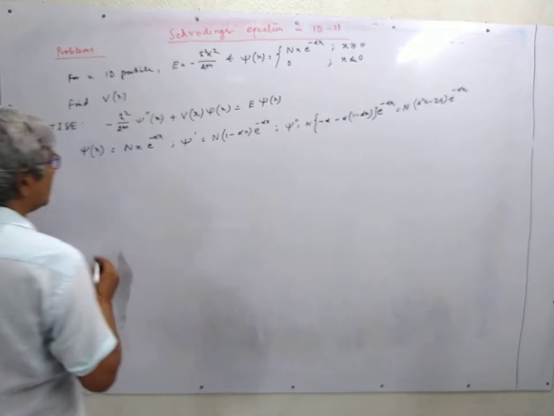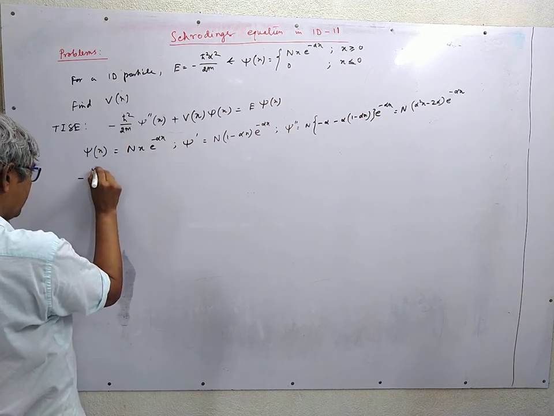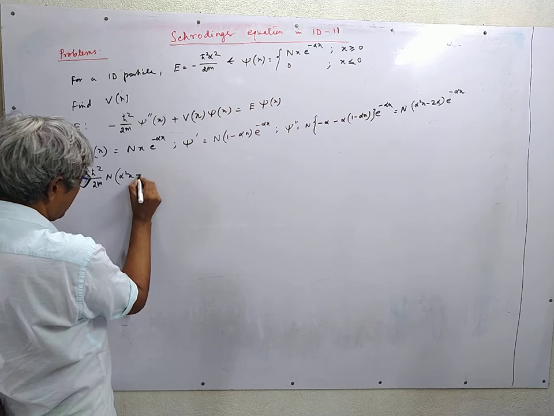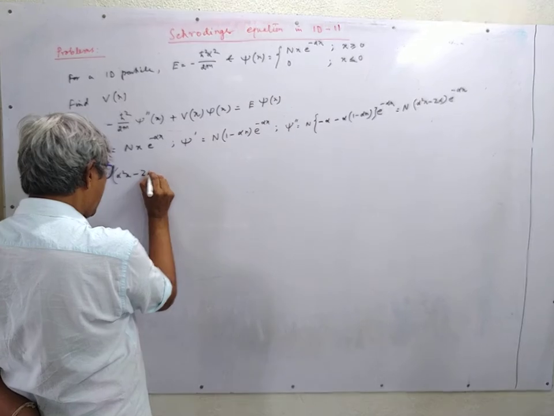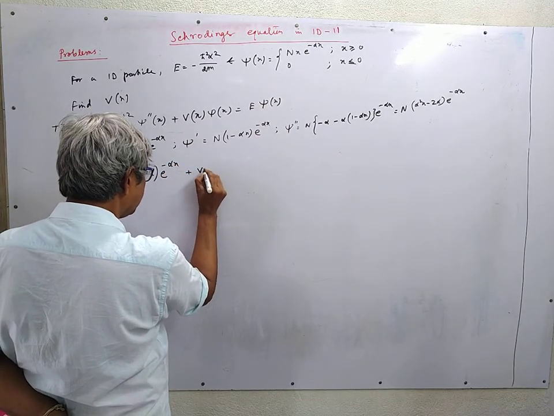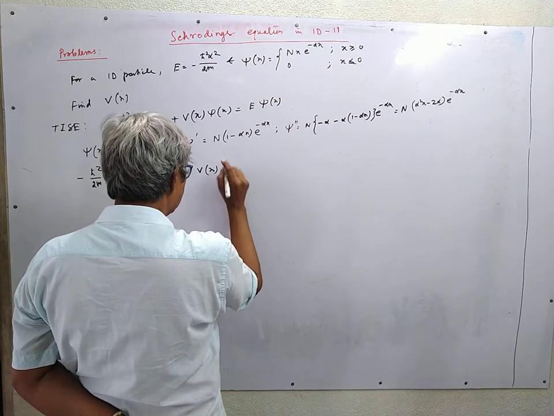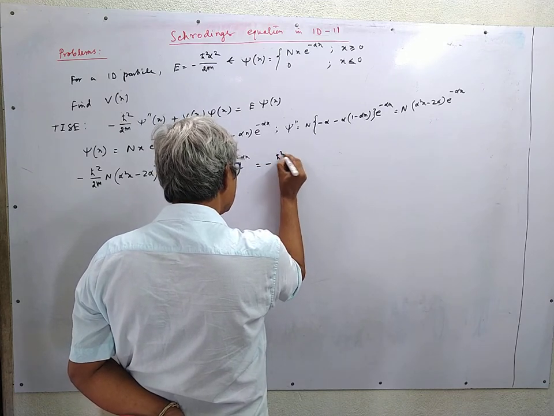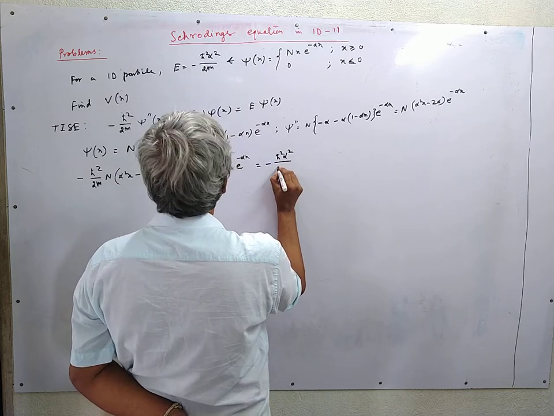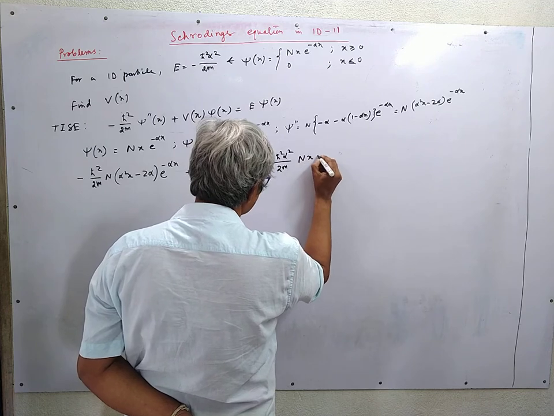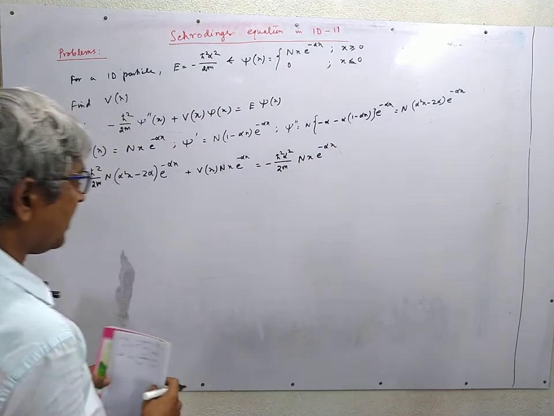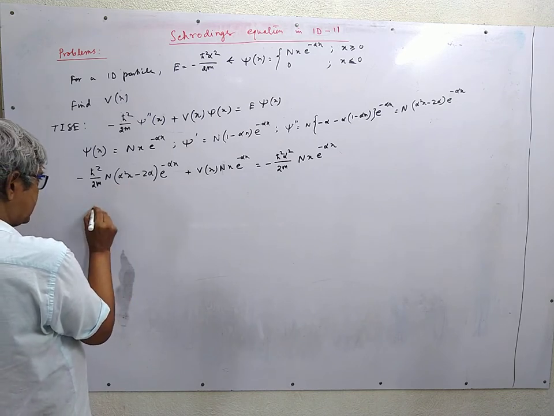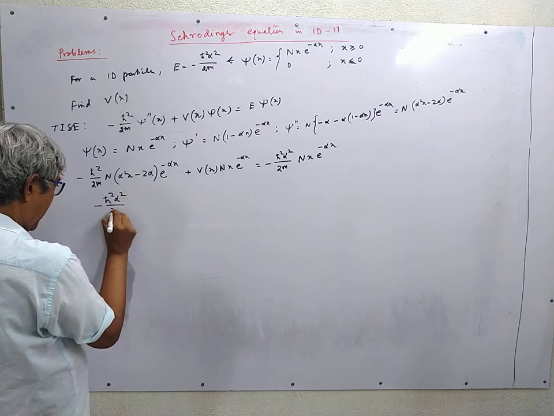If we use all these things in this equation, e to the power minus alpha x is present in every term, so we ignore that, and this is minus h-bar squared alpha squared by 2m.